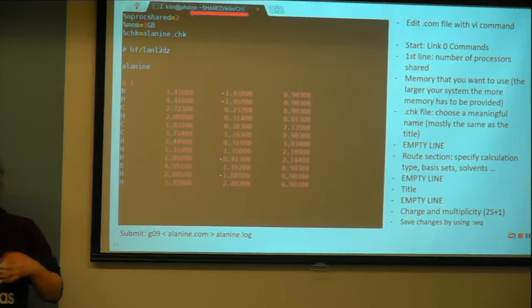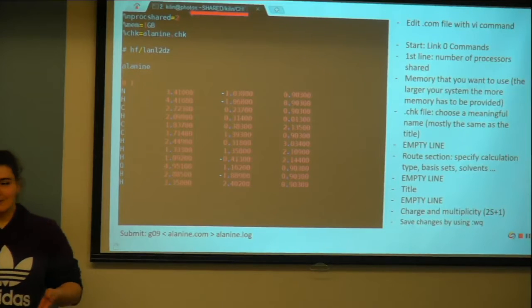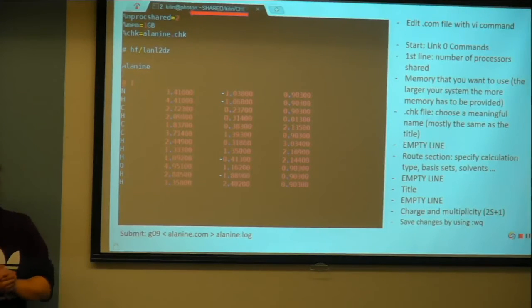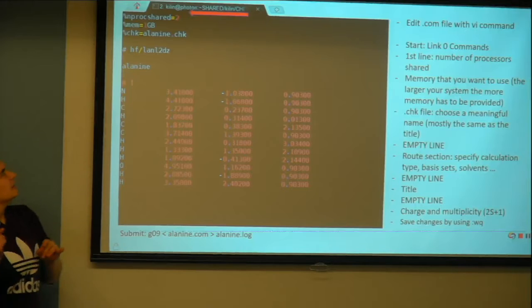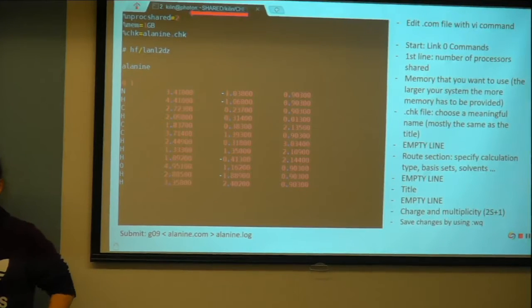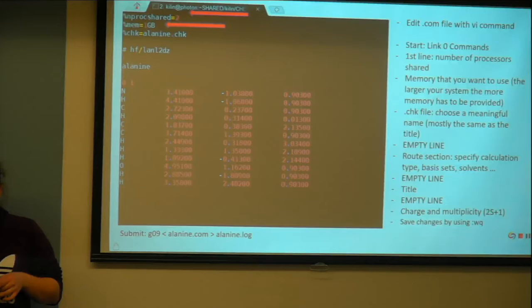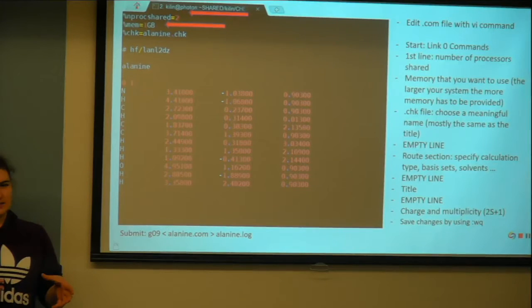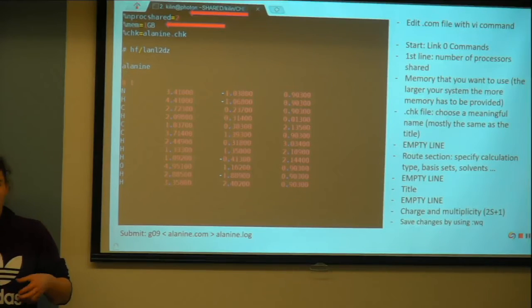In general, the larger your system is, the more processors you want to use, so the job finishes in a decent amount of time. It's very important that you start with the percentage sign. After that, you specify the memory. It's pretty similar to the processors: the larger the system, the more memory you have to provide.